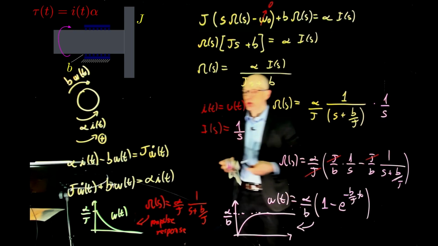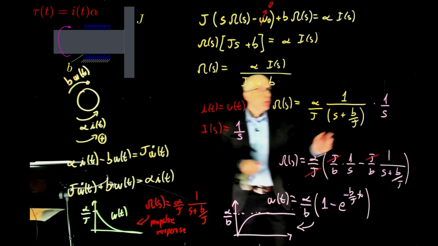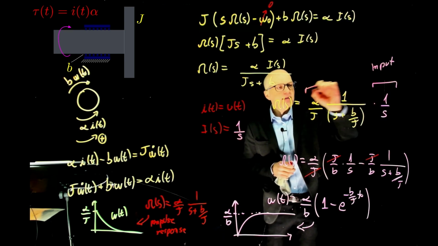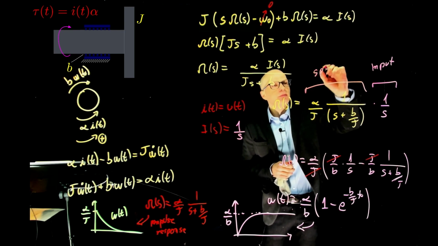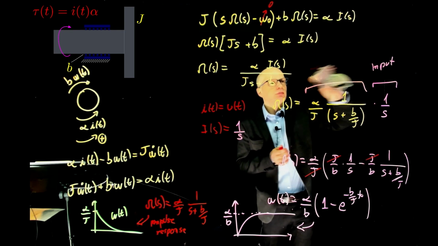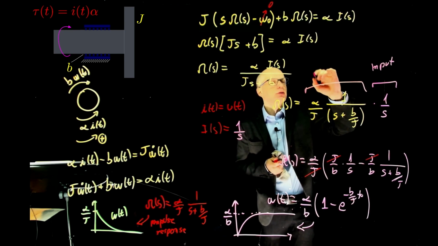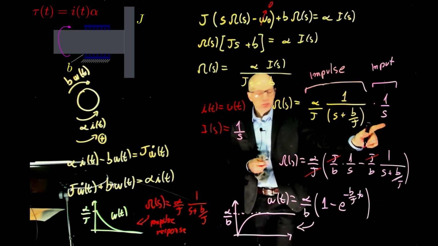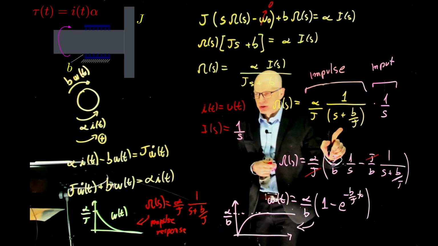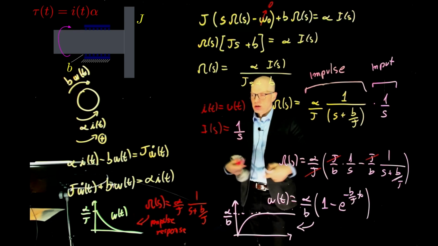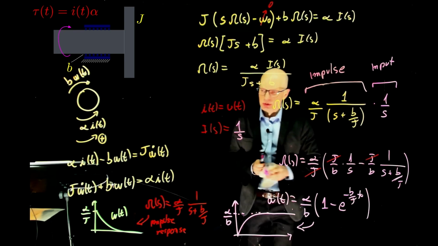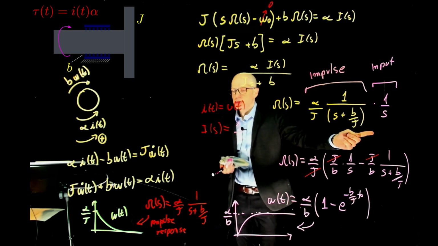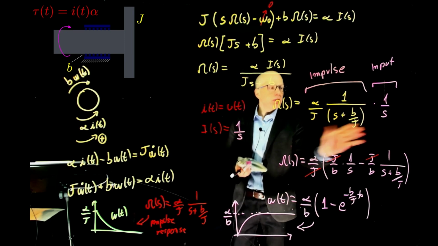And how did we calculate the step response of the system? Well, we multiplied the input by exactly the impulse response, and we did the inverse Laplace transform of that. Didn't we just take the convolution of these two signals? Yes, we did, because we multiplied these two signals.